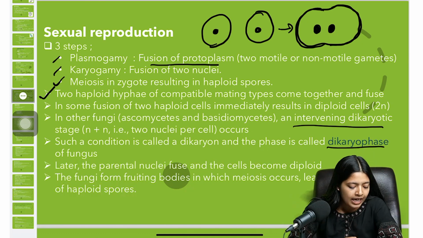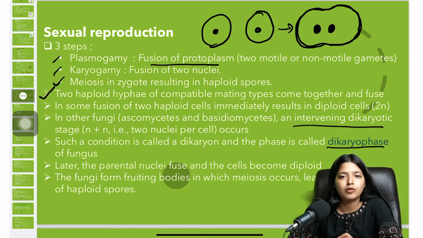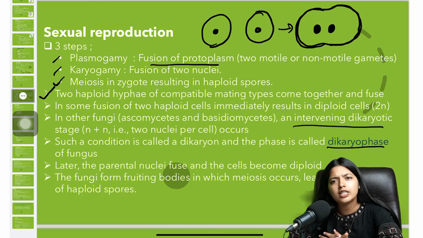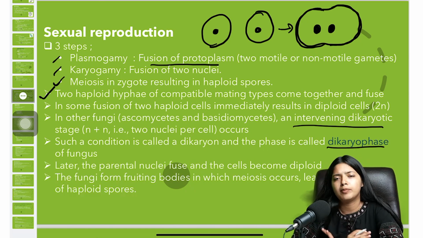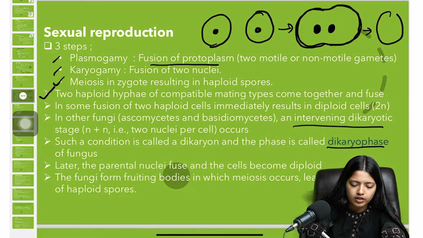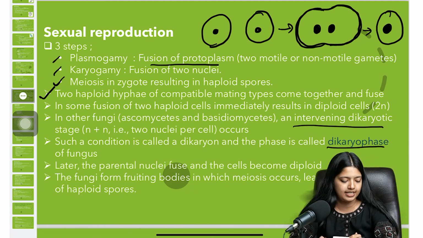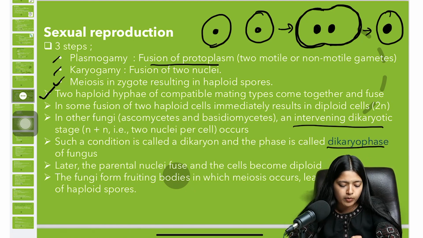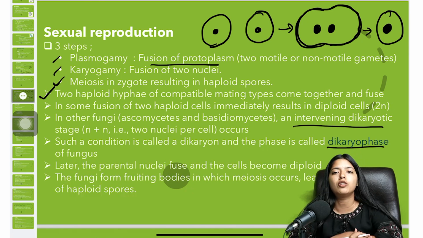Later the parent nuclei fuse and the cell becomes diploid. So just after this dikaryotic phase, nuclear fusion or karyogamy occurs and we get the zygote. This is our zygote. The fungus forms fruiting bodies in which meiosis occurs, leading to the formation of haploid spores.